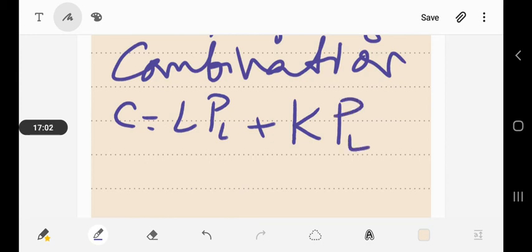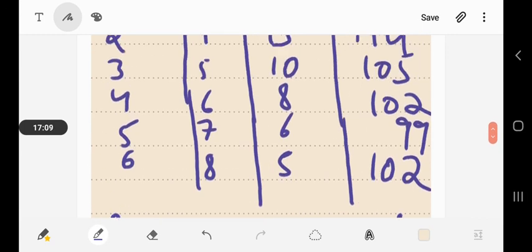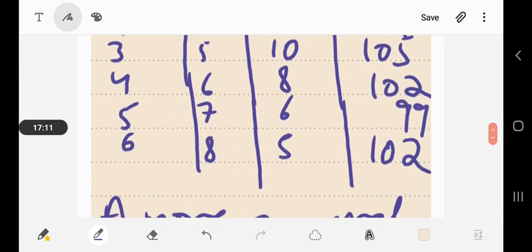The least combination we observed is 99.